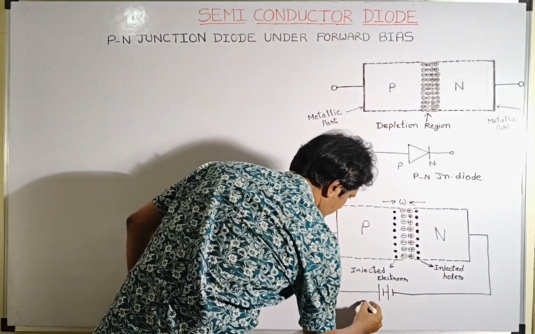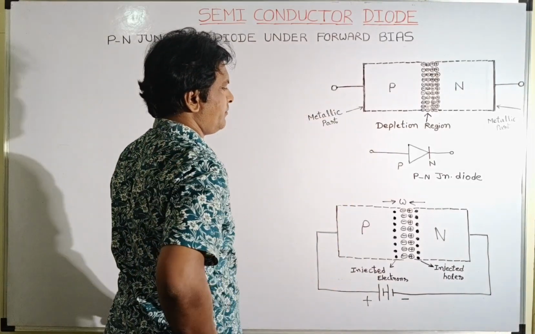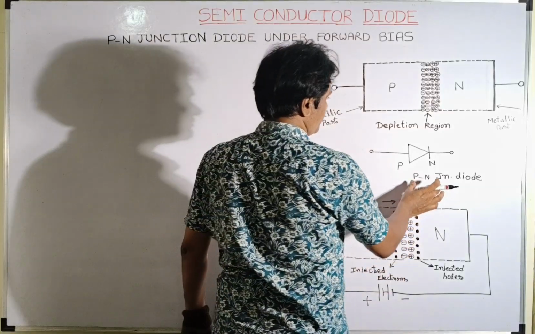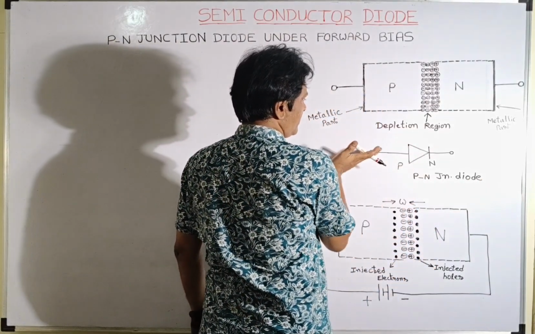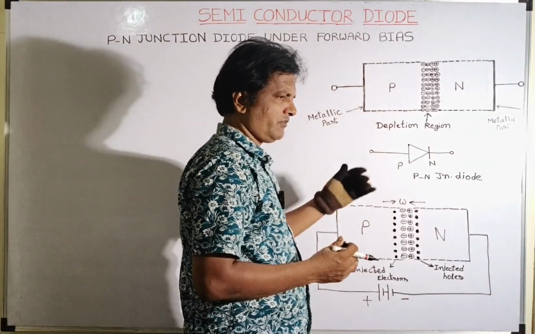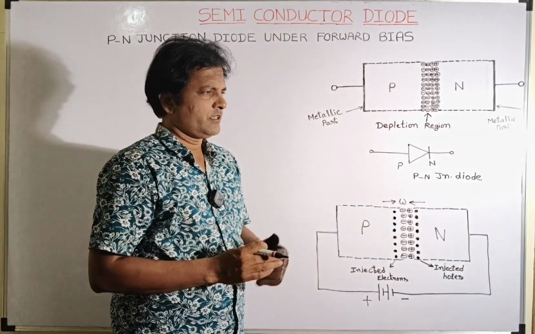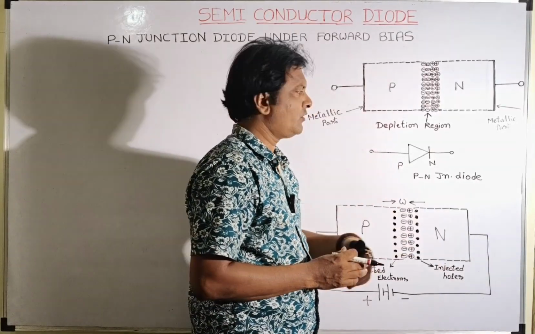This is the positive terminal of the battery and this is the negative terminal of the battery. This is the symbol of the p-n junction diode. The arrow indicates the conventional current. Conventional current means the current direction which is opposite to electron flow.